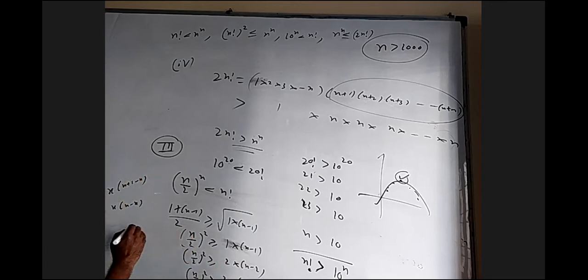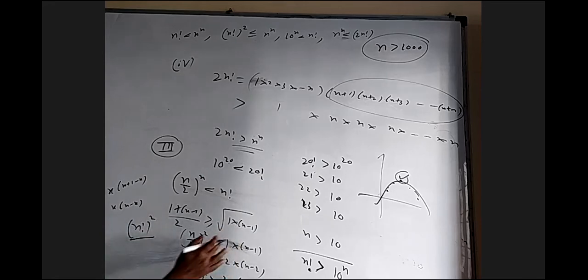Just a minute, I'm getting n factorial whole square when I multiply all without the roots, with the n square missing, is less than or equal to n by 2 whole power 2n.